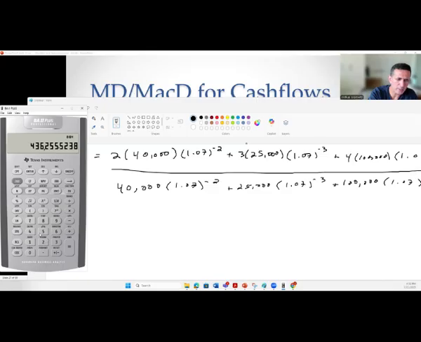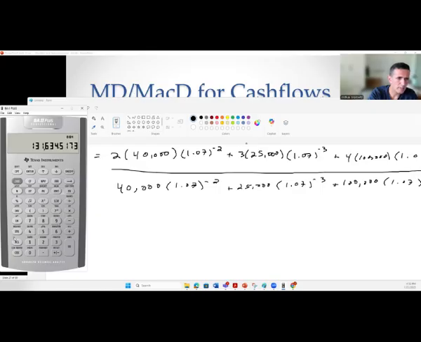Okay, so now let's get the denominator. 40,000 times recall 1 squared, plus 25,000 times recall 1 to the third, plus 100,000 times recall 1 to the fourth. All right, so I have this.